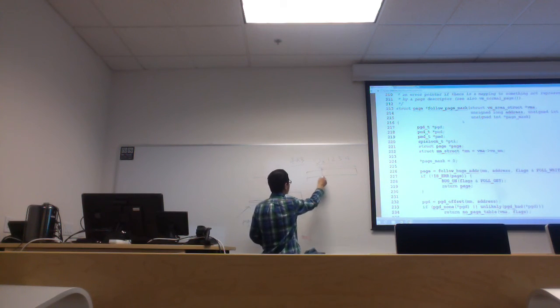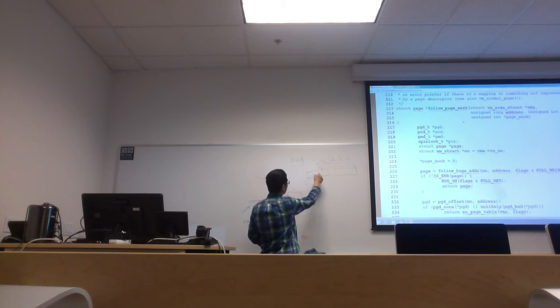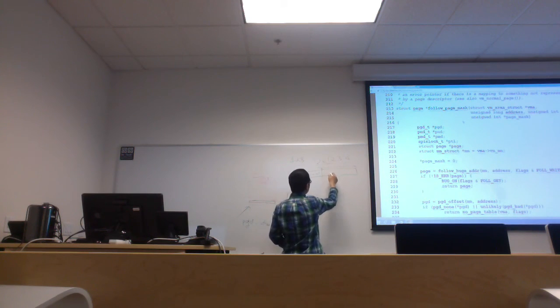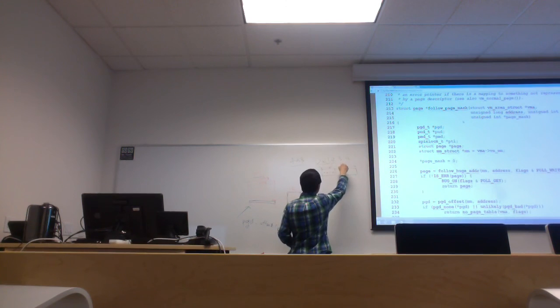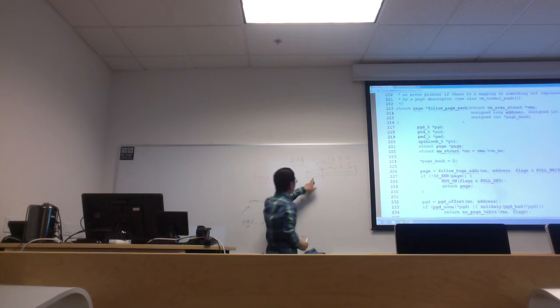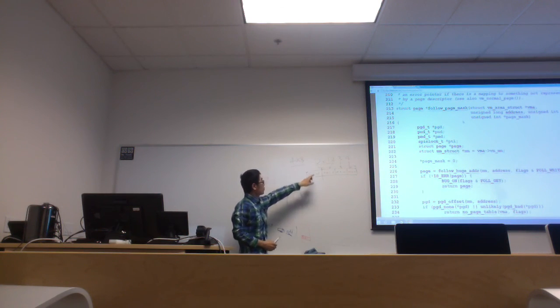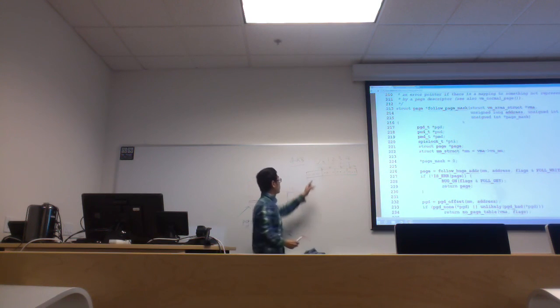Here, the upper 4 bits are 0001, and the rest corresponds to 2, 3, 4. Here is the binary representation of this address, hexadecimal 1, 2, 3, 4.